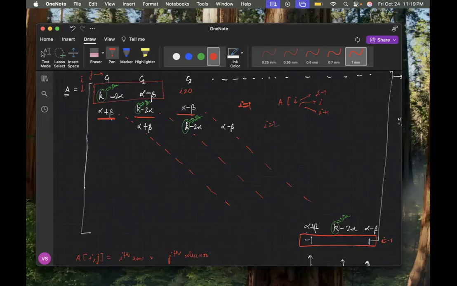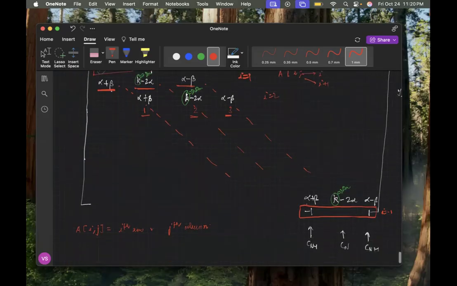The only non-zero elements are in the first column, the second column, and the third column, right? Every other column, 0th, 4th, 5th, 6th, all of these columns are 0. So only I minus 1, I, and I plus 1 have a non-zero value. Everything else has a 0 value. And this holds true for all the elements other than the boundaries, right?